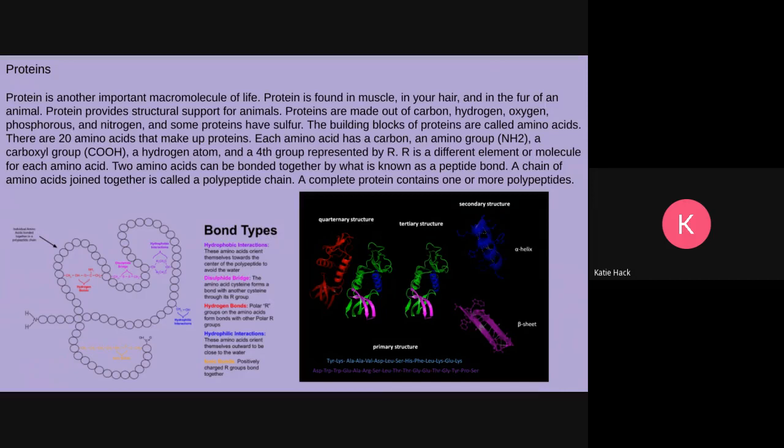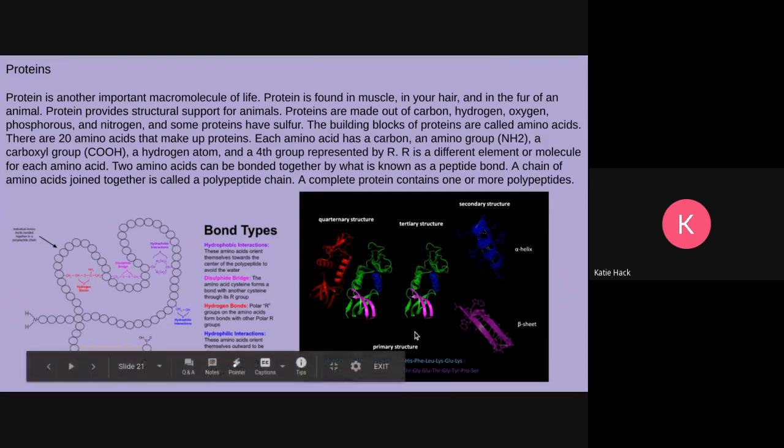And then there's going to be a fourth group, and it's going to be represented by an R. And this R is what will tell us what each amino acid is based off of what comes off of it. So a complete protein contains one or more polypeptides. And if you'll see in this photo here, it shows the different shapes that proteins can take.